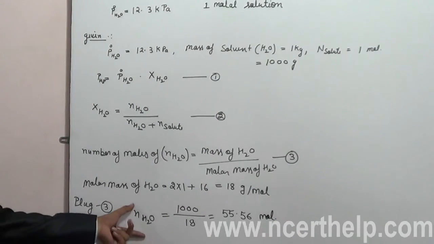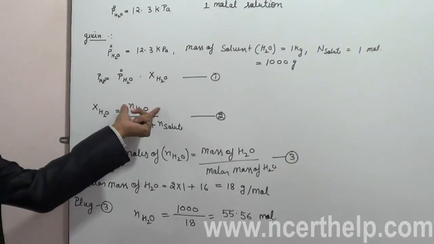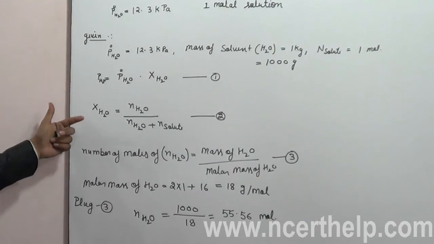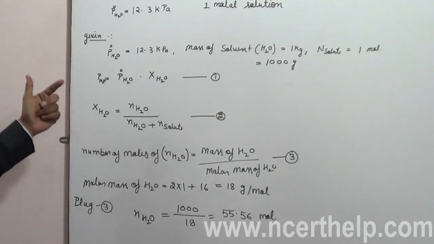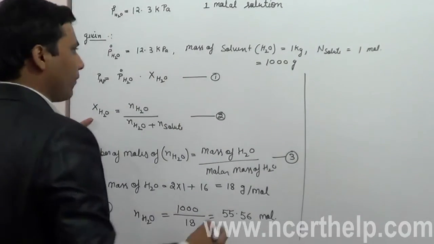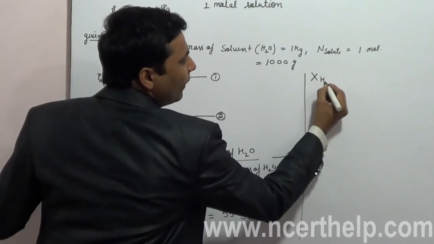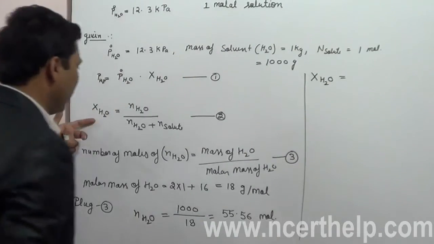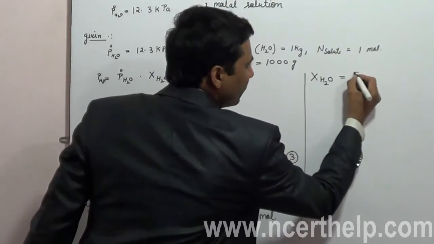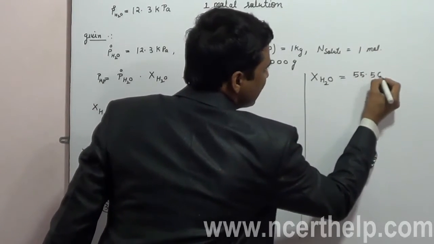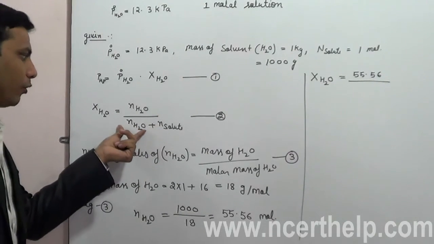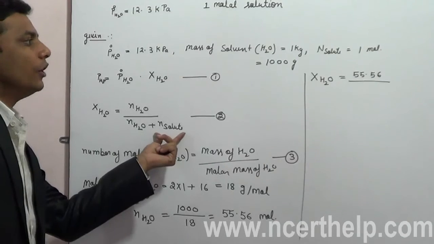Now we have calculated the number of moles of H2O. So now we know this value and also this value, so we can calculate the molar fraction of H2O. What is the formula of molar fraction? Molar fraction of H2O will equal the number of moles of H2O, 55.56, divided by the total number of moles, that means number of moles of H2O plus number of moles of solute.